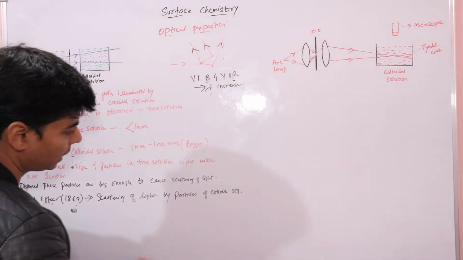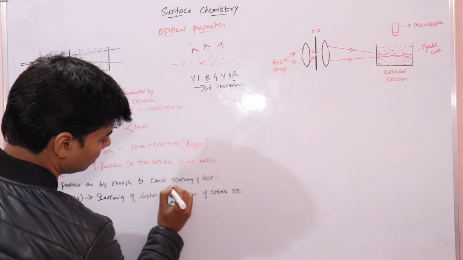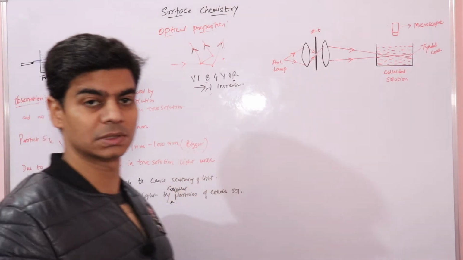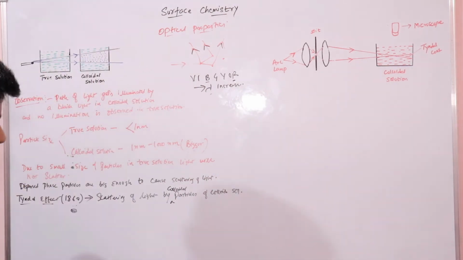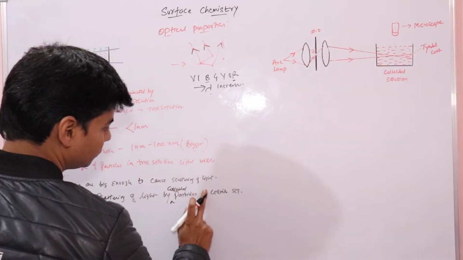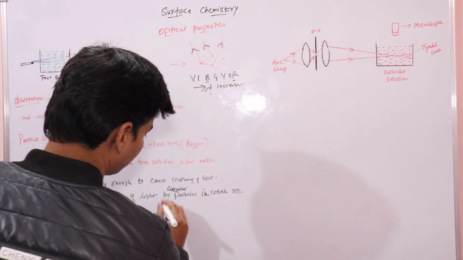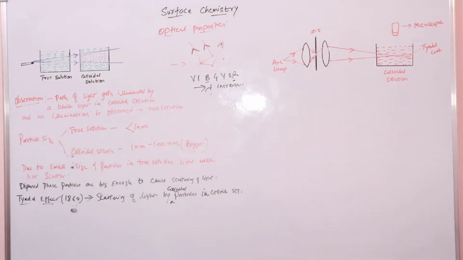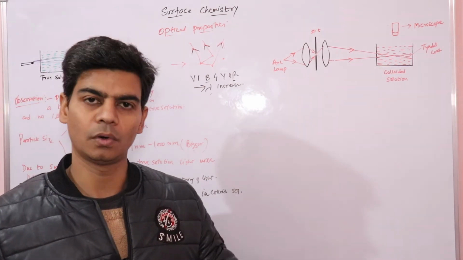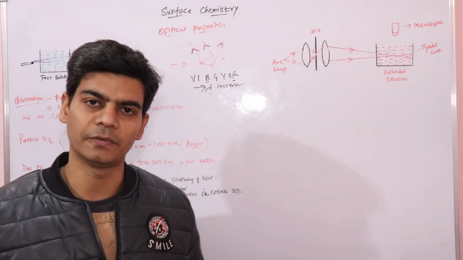Scattering of light by colloidal particles, or we also call them dispersed phase particles, in colloidal solutions. I'll repeat, scattering of light by colloidal particles in a colloidal solution is your Tyndall effect.